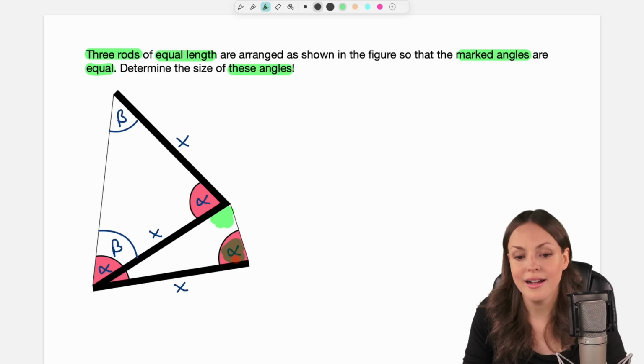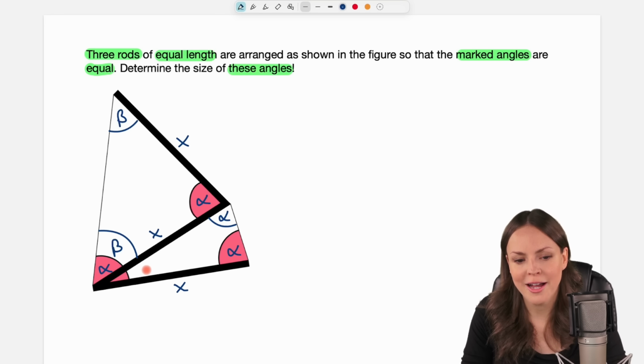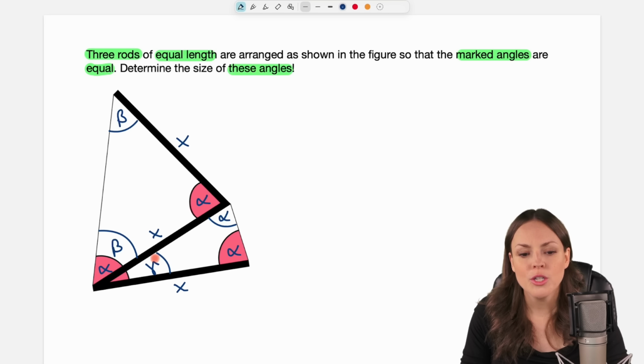If this is already alpha, then I know that I have to have alpha here as well. So alpha is here again. My third angle, I don't know how large it is. I just call it gamma for now, so that we have alpha, beta, and gamma as unknowns in here for our angles. But what do I know about gamma?